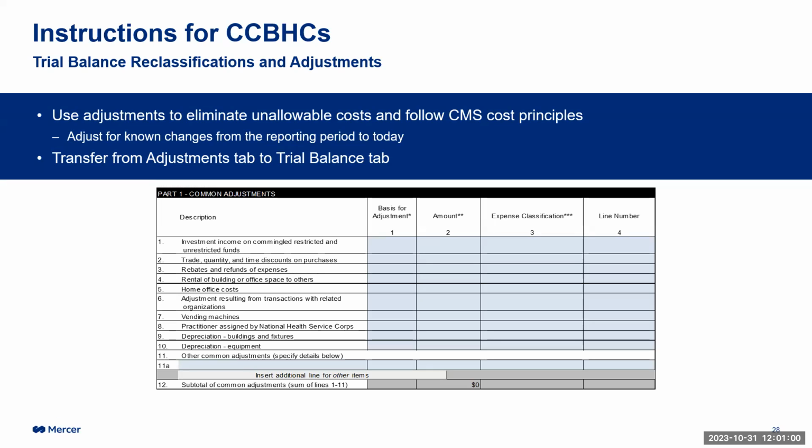So within that, you will have to provide detail on your basis for any adjustments. And to the extent that, okay, this item here, adjustments for known changes from the reporting period to today.